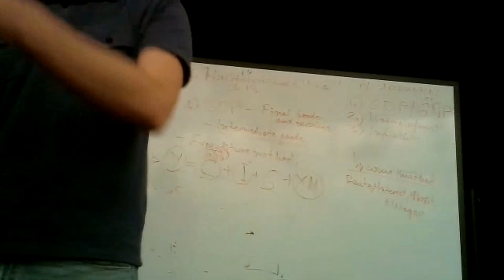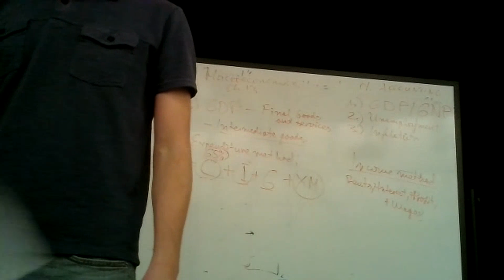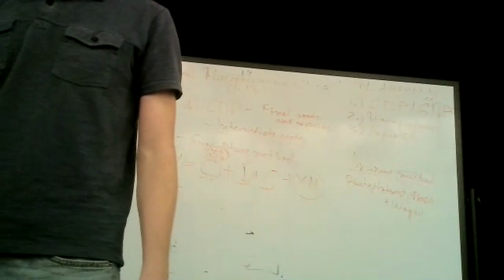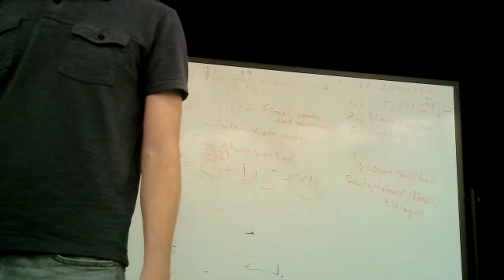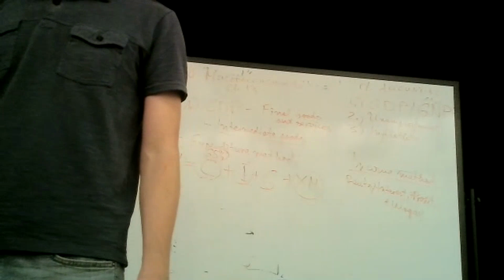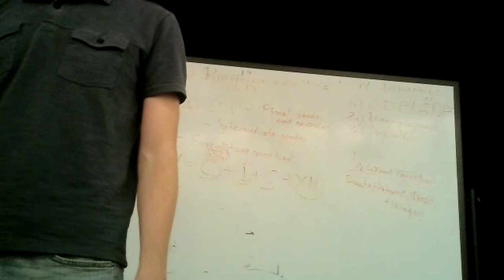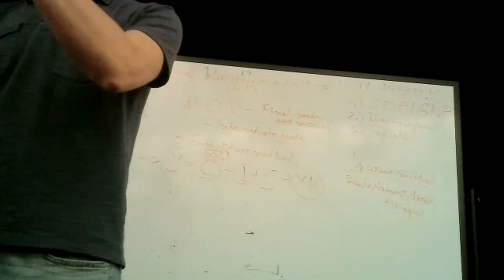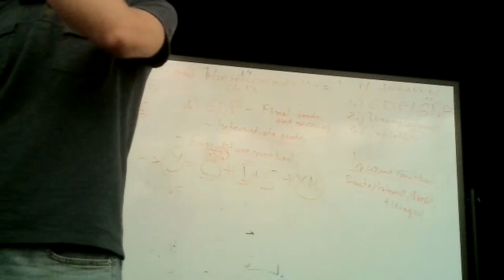Stay-home moms, people who are changing careers, who decided not to apply for a job for a long period of time. They're outside of the labor market. So people who are not employed comprise two different subcategories.